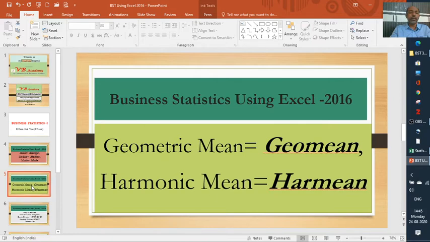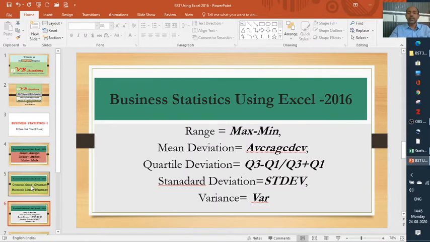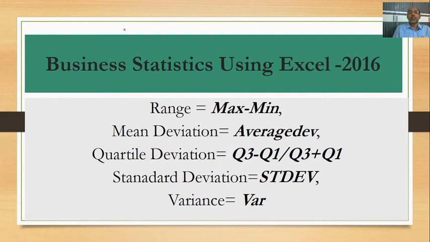Okay, we'll go to this one. The slide is prepared according to the syllabus, containing range. Range is part of the dispersion chapter. Earlier the chapter name was central tendency.